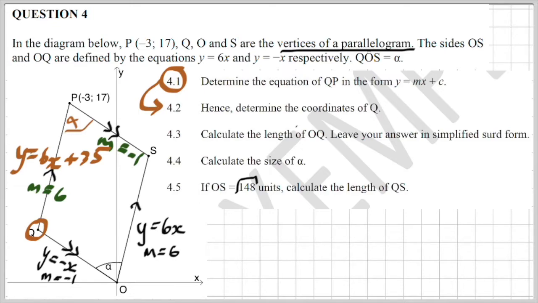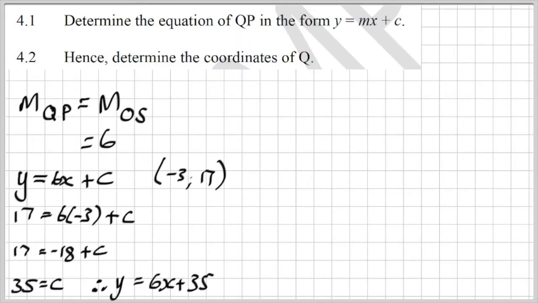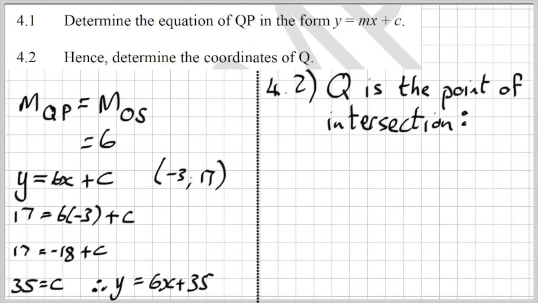So what does Q have in common with all the information that I've been given? Looking at where I am with y = 6x + 35, Q is the point of intersection between y = -x and y = 6x + 35.